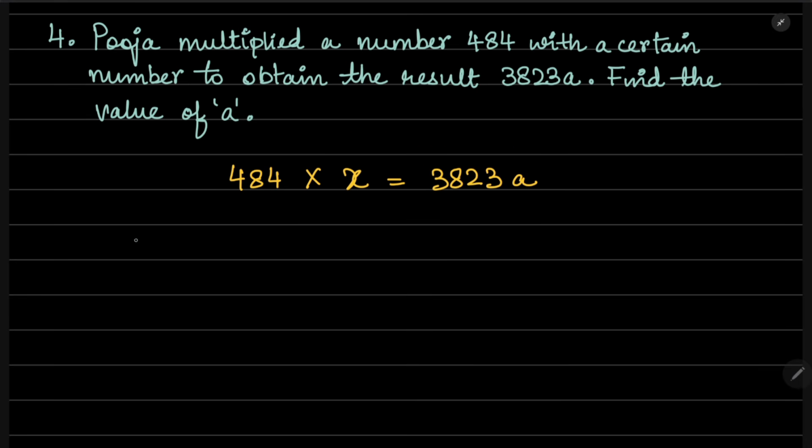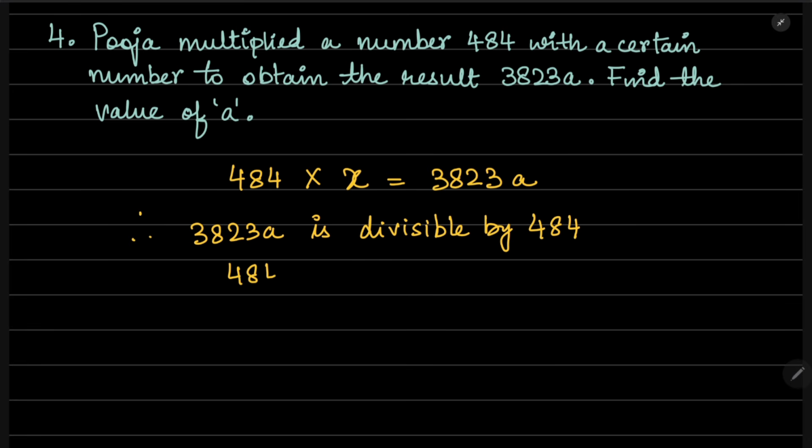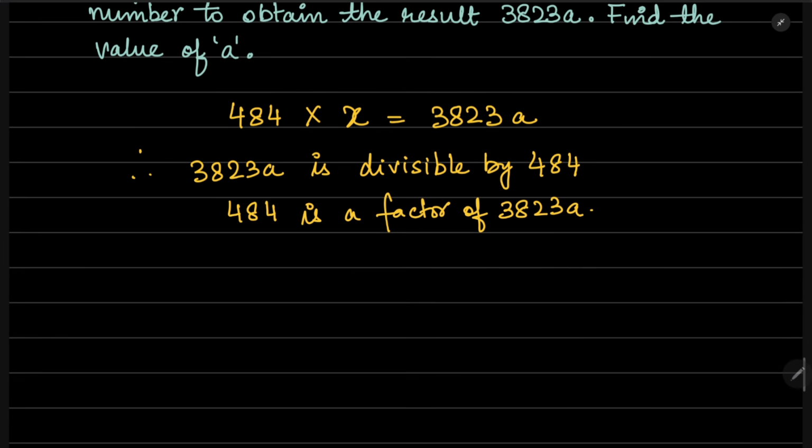So, therefore, you can say that 3823A is divisible by 484, or you can also say that 484 is a factor of 3823A. Now let us factorize this 484 further.